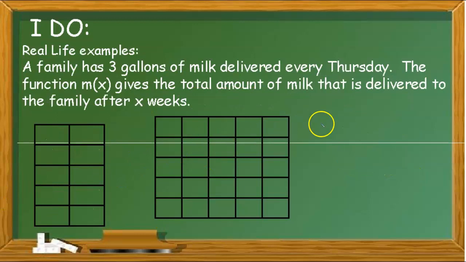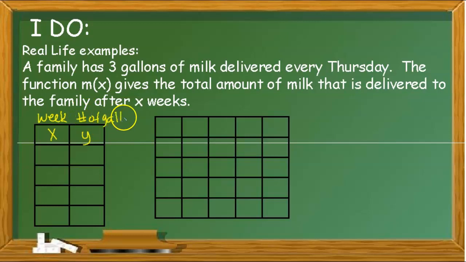Okay, let's do another one here. It says a family has 3 gallons of milk delivered every Thursday. The function M of X gives the total amount of milk that was delivered after X weeks. So again, X and Y. One of the things we could always do is put on here weeks instead of X, and then this would be number of gallons.